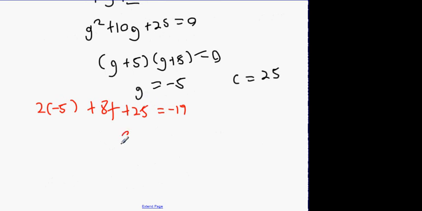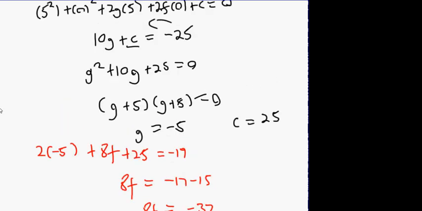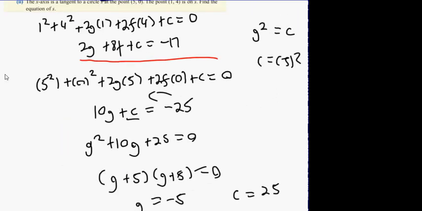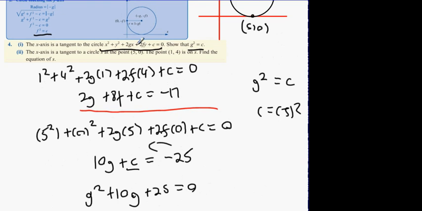Plus 15 going over the other side turns into minus 15. 8f equals minus 32, so f equals minus 4. Is everybody happy just to put the minus 4, the 25, and g equals minus 5 back into the original equation to find the equation of the circle? Any questions? No. Okay.